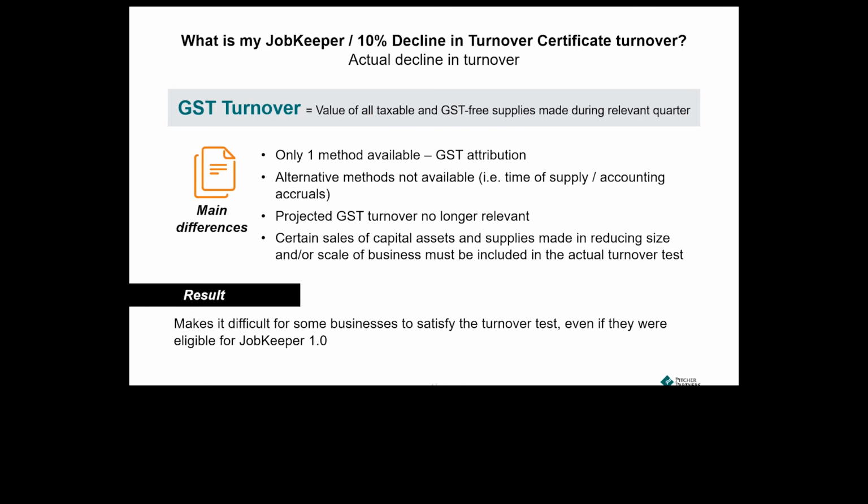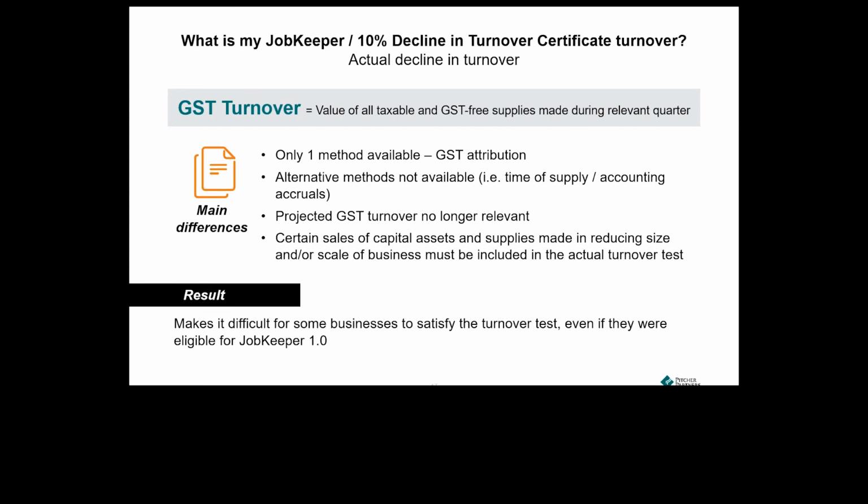And those two methods were the accounting accruals method, so working off your financial statements from an accruals accounting perspective, or the GST attribution method, which is the method that you use for reporting in your business activity statements. So effectively, there are three methods that could have been used under JobKeeper 1.0 for testing your turnover in the relevant periods. Two of those methods have now disappeared completely.